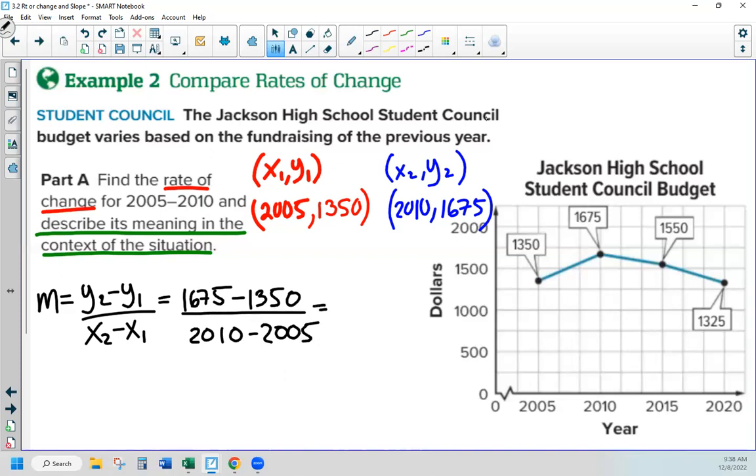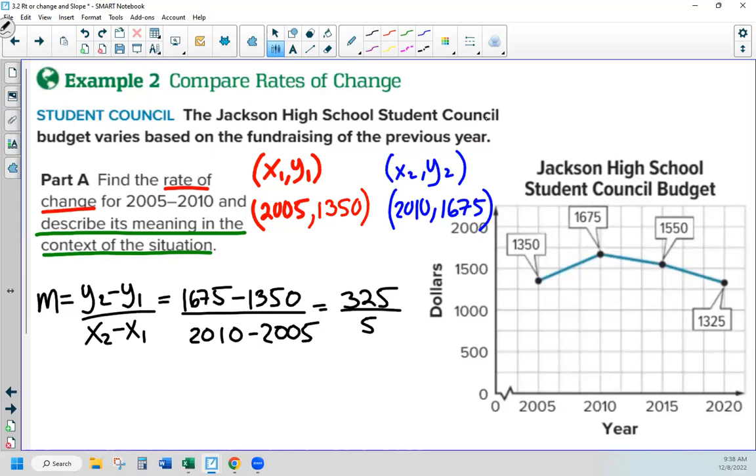Okay, so what do we have here? We got 1675 minus 1350, 325. Okay, check up on that. 2010 minus 2005, that's going to be 5 years. All right, so 325 divided by 5, we can go ahead and simplify that.